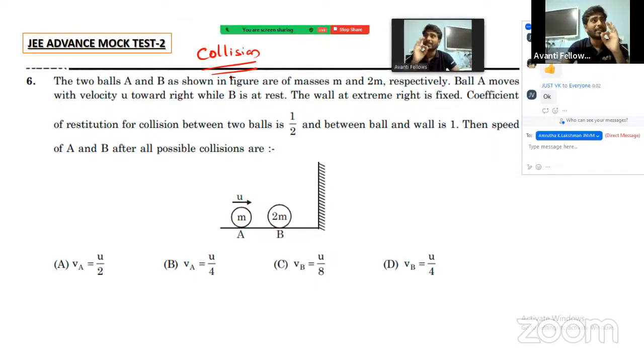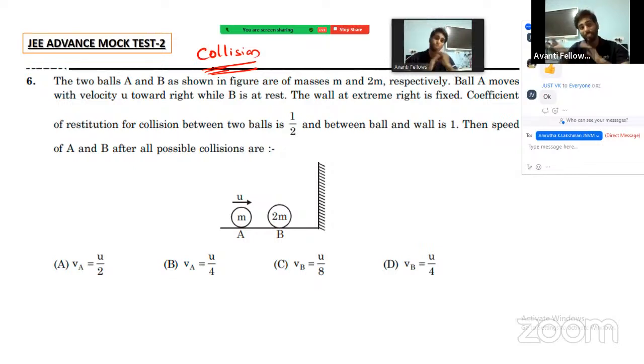Collision is a concept, guys. In class 11, two types of collision will come: elastic collision and inelastic collision.